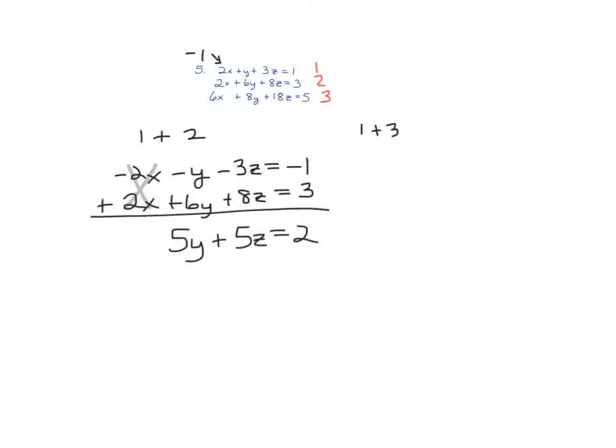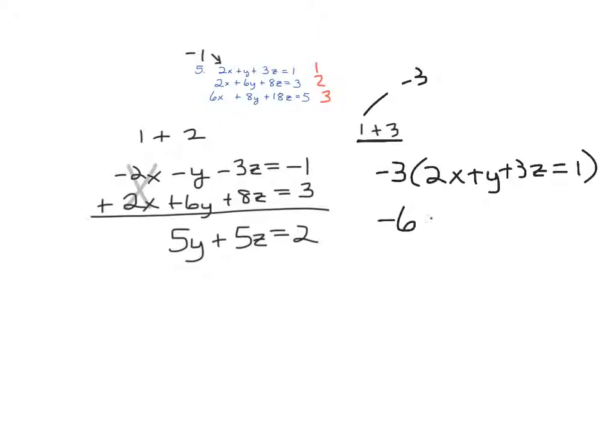Now I'm going to add equations 1 and 3, but what I'm going to do is multiply my first equation by -3 to get the x's to cancel. So I'll just go ahead and rewrite it here so you can see it. 2x plus y plus 3z equals 1.